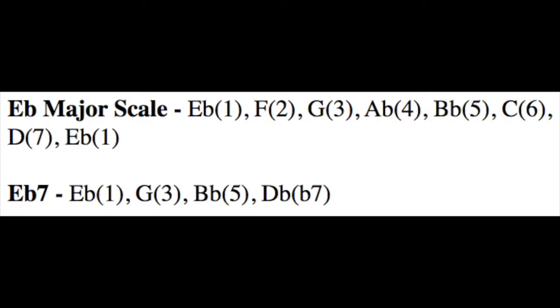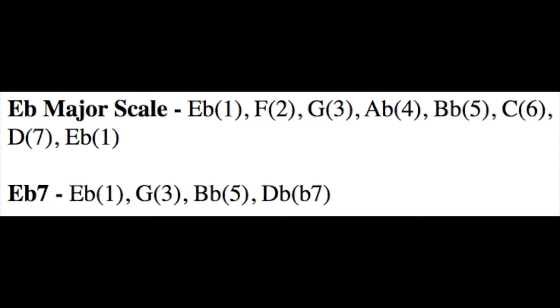Okay, let's try the same thing in E flat. So in the E flat scale we have E flat, F, G, A flat, B flat, C, D, and E flat. So we're going to take the 1, E flat, 3, G, 5, B flat, and 7, D flat.